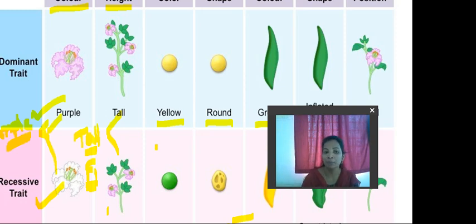For example, when you cross purple and white, if it were a mutation, there would be a change in color, maybe pink, but such changes did not appear in the pea plant. That was the luck for Mendel's experiment to succeed. He also gave all the details of what is expected in the next generation, so his experiments were successful.